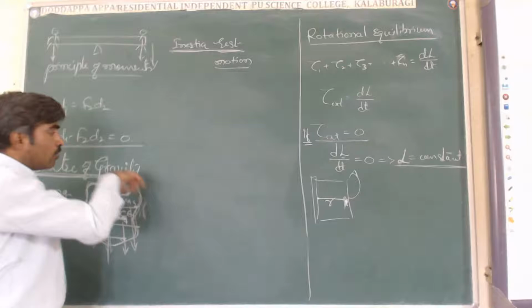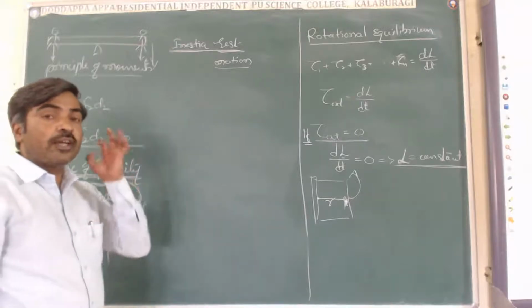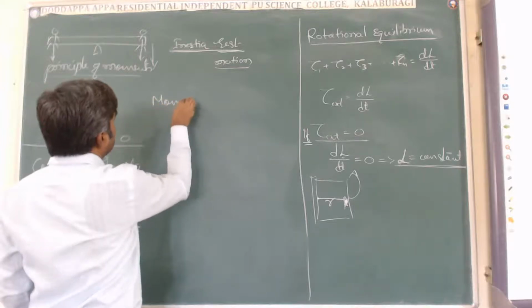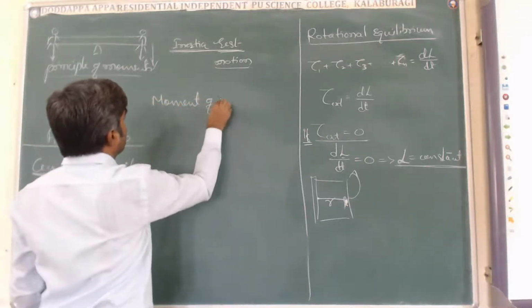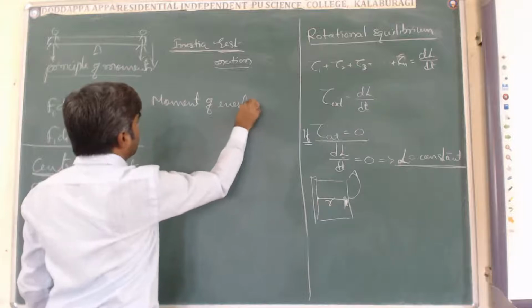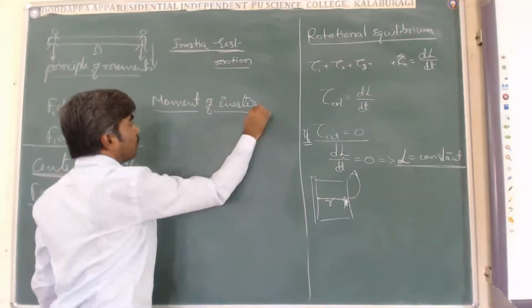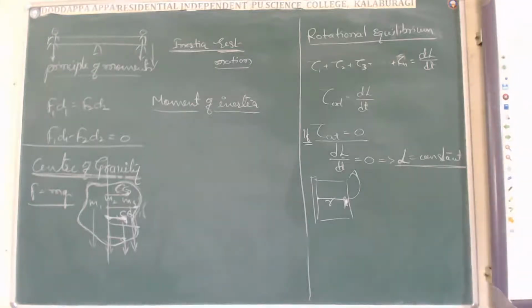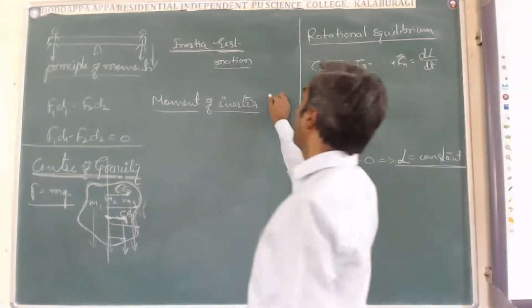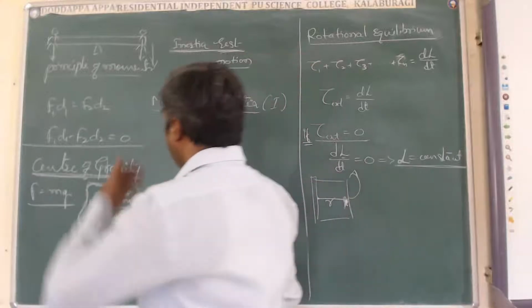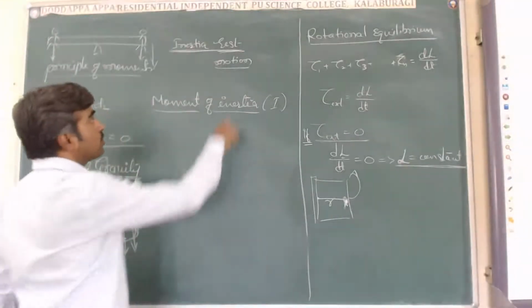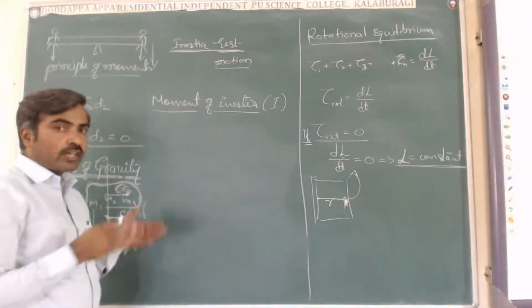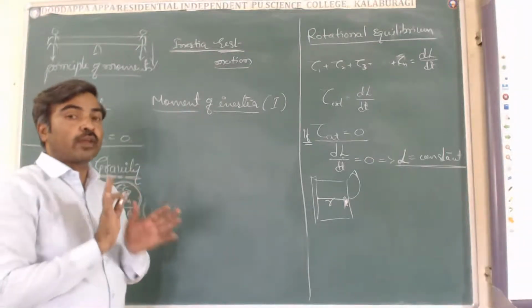Similarly, for rotational motion also, one inertia exists here. We call it moment of inertia, denoted by the symbol I. Here also it is inertia, but it is not inertia of rest, it is moment of inertia: how exactly the rotating body starts moving.